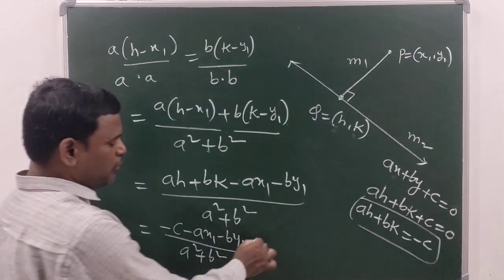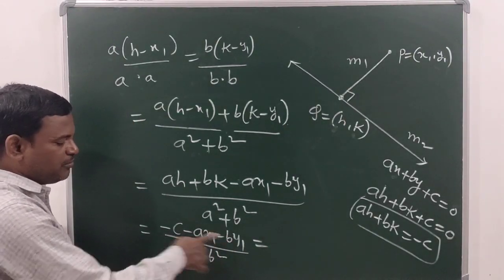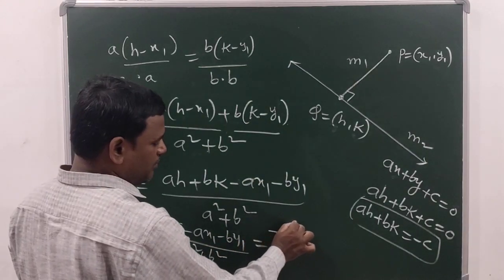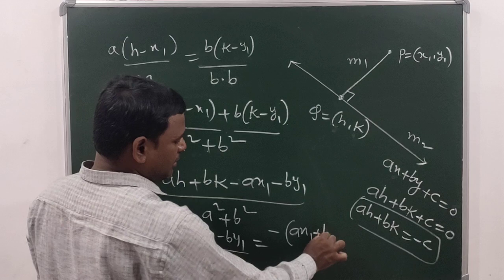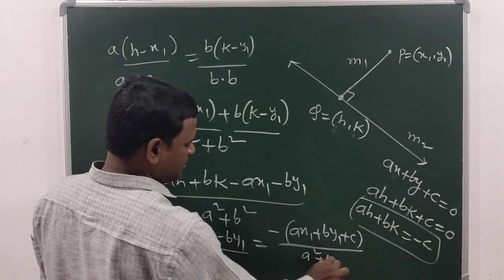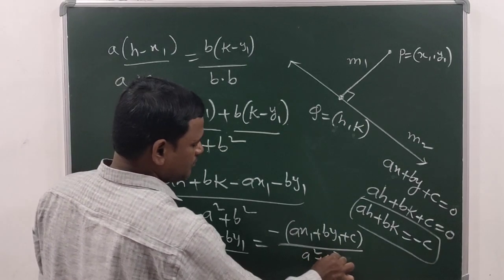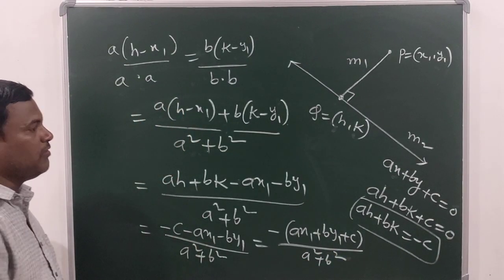In the next step, what you people will take as common? Minus 1 from these three. If you take minus 1 common from these three, inside you will get a x1 plus b y1 plus c by a square plus b square. Okay, students, I hope you have understood.